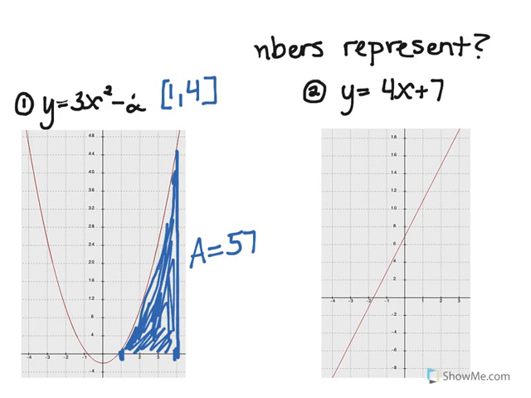For the second example, when we had 4x plus 7 in the integrand, we were going from negative 3 to 2. So if I draw vertical lines there, I want to shade under the curve. Now, shading under a curve is defined as shading between the curve and the x-axis. So the part on the right is this big triangle, gets shaded in.